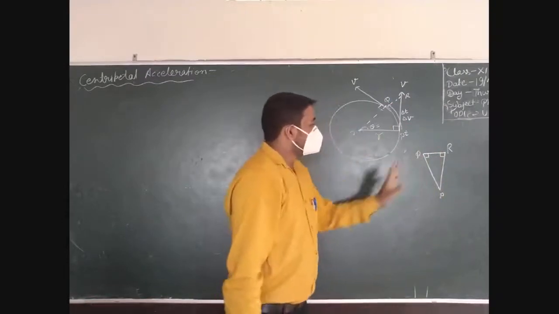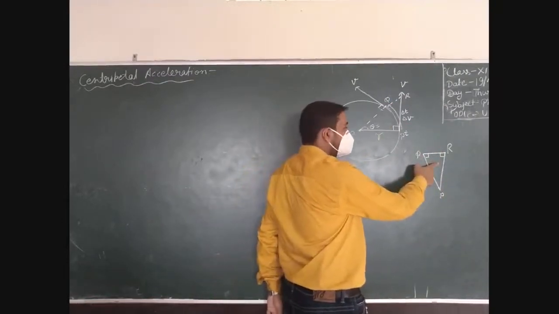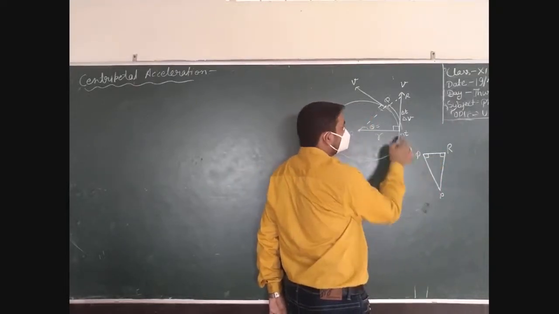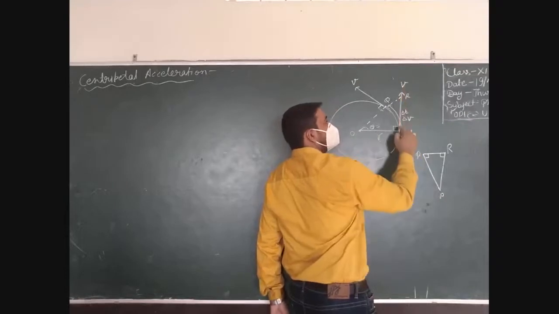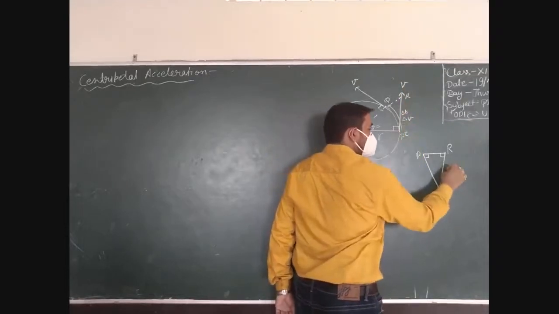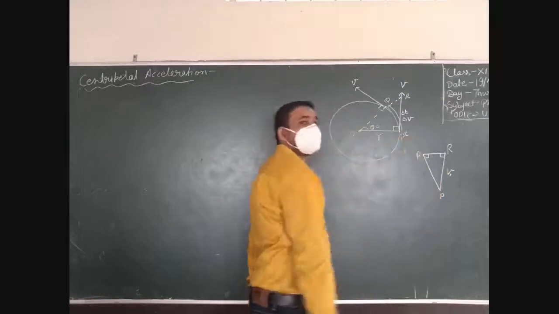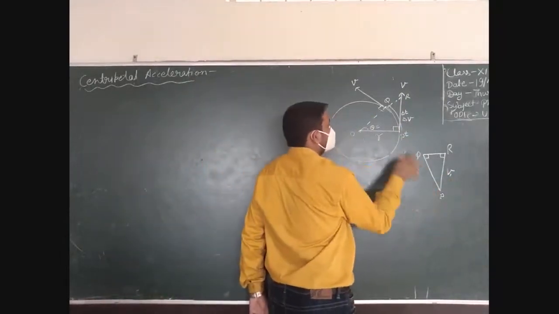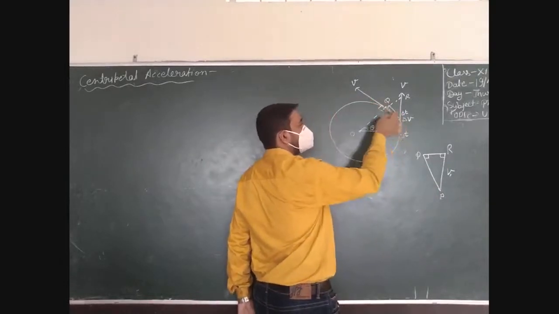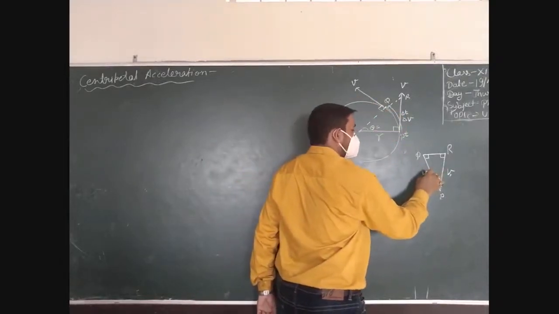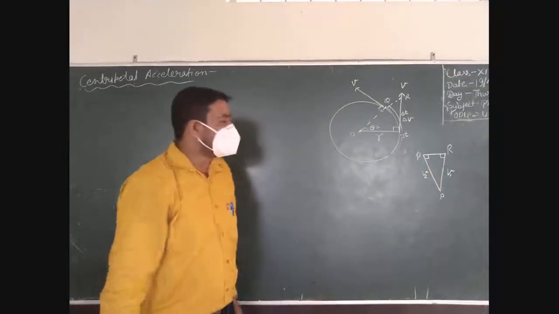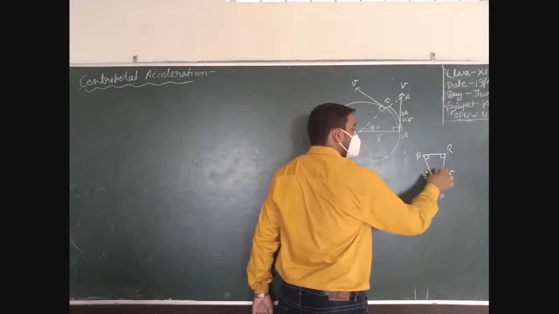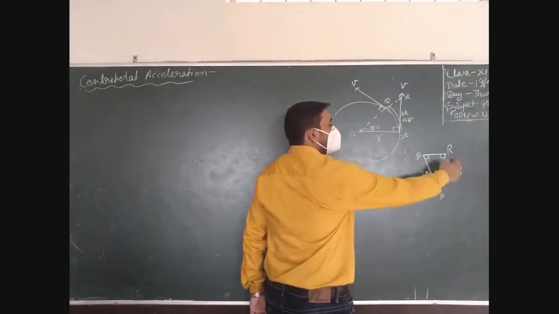Now with the help of this figure, when we draw the tangent from P and extend it in the direction R, we get the initial velocity. When we draw the tangent at point Q, we get another velocity, v. It is observed that the angle between v1 and v2 is theta.